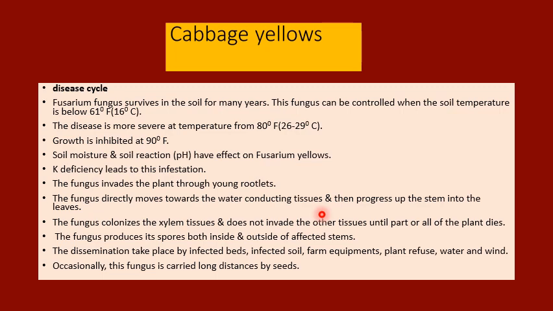Then yellowing and wilting of the leaves can be seen due to the fungus colonizing the water conducting tissues. Water may not go into the leaves and other parts of the plant. That's why we can see the yellowing and wilting symptoms.